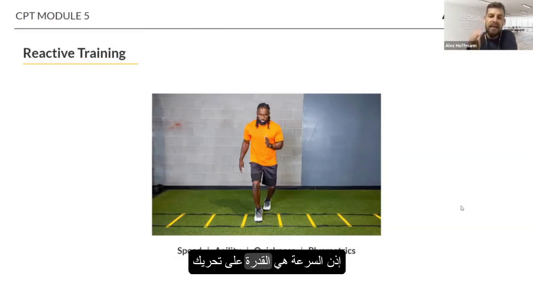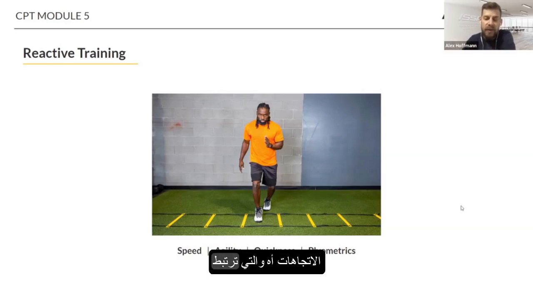So speed is the ability to move the body in one direction as fast as possible, generally front to back. Then agility is our ability to accelerate, decelerate, and change directions, which is closely related to quickness. And quickness is the ability to be agile fast, right? So it's the ability to change our body position with max force rate of production.